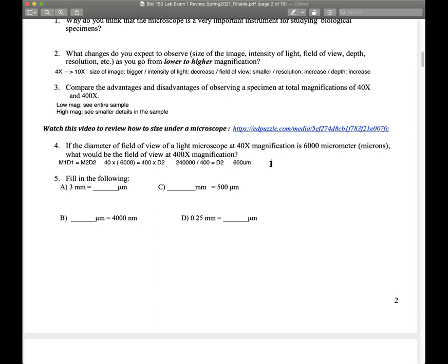I know oftentimes the lab exam will ask you to show your work and show the calculation you used. So it is good to know how to do it the long way, so you can show your answer and not just type out 600. You want to show how you calculated it.